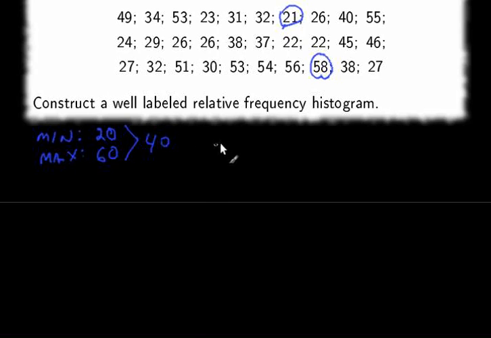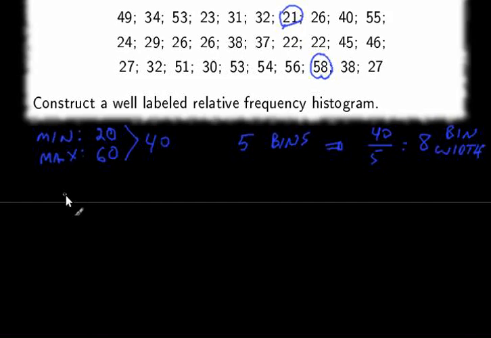We can have 5 bins, 8 bins, 10 bins, 4 bins. I think I'll choose a bin width of 8. So we end up with 5 bins. 5 bins means we take the bin range, divide by 5, and that gives us a bin width of 8.